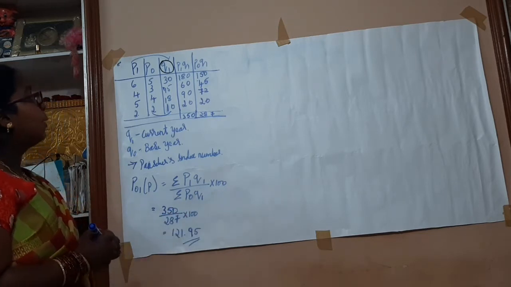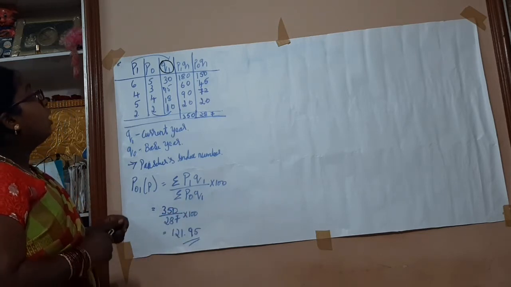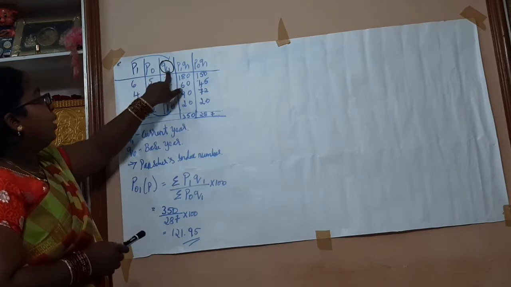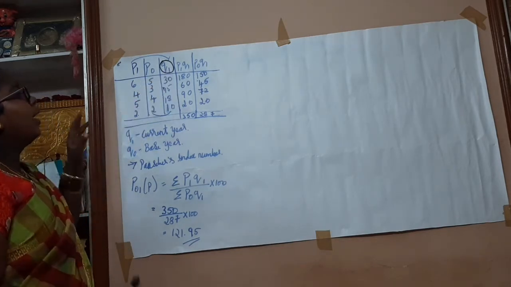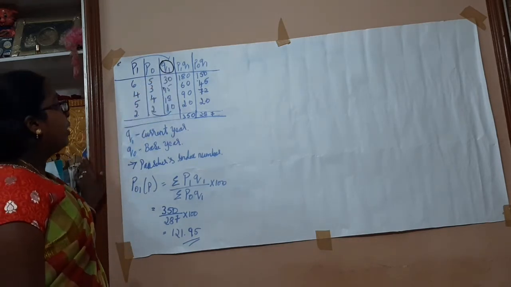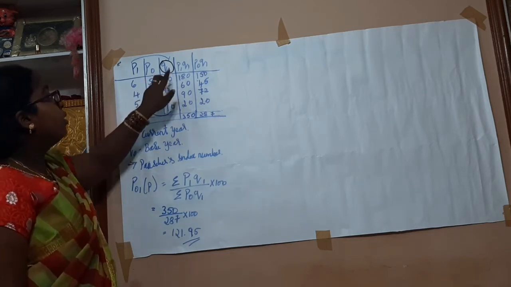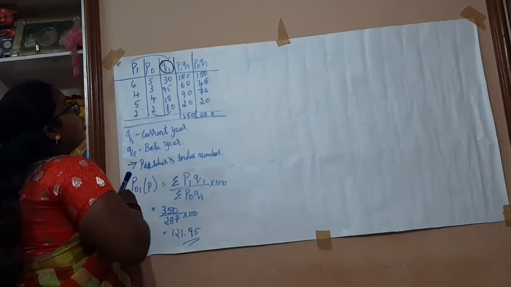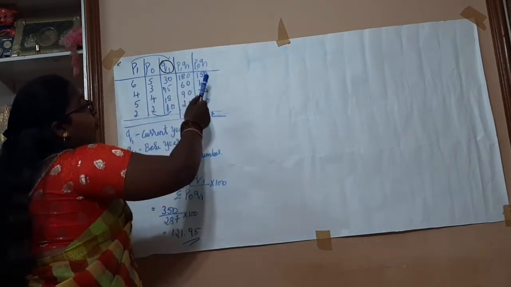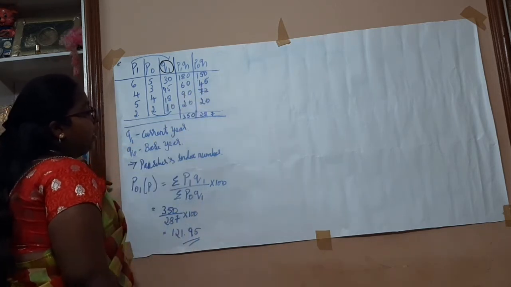First you will multiply P1 and Q1: you will get 180, 60, 90, 20. Then you will multiply P0 and Q1: you will get 150, 45, 72, 20.